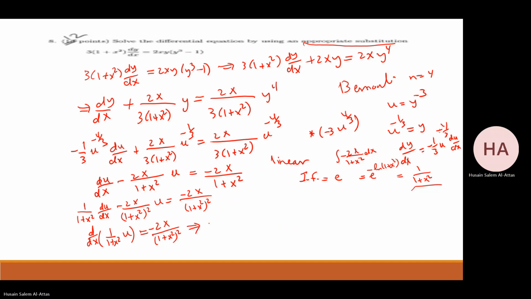So I have 1 over 1 plus x squared u equals the integral of this. If this is u, this is du, with the minus, right? Take the minus sign out. That's minus, u to the minus 2, which is 1 over u. Let me do it here.